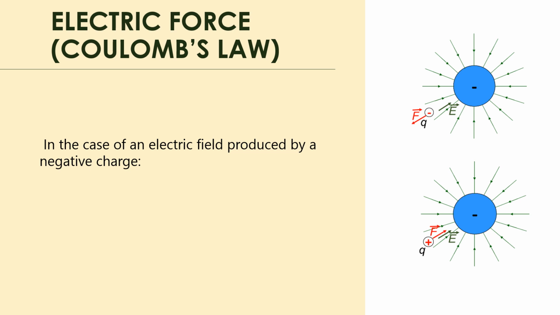The force is opposite to the electric field, because when q is negative, force and field have opposite senses. Whereas in this scenario here, the electric field is inwards because the main charge is negative. Now, introducing a positive charge, then F equals positive times E, so F and E will be of the same sense, and you can see that in the figure.